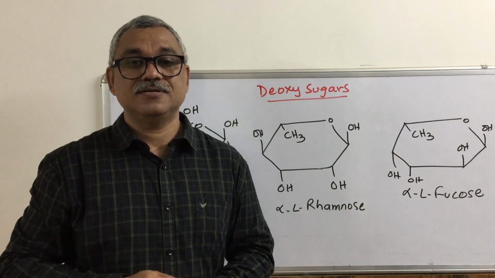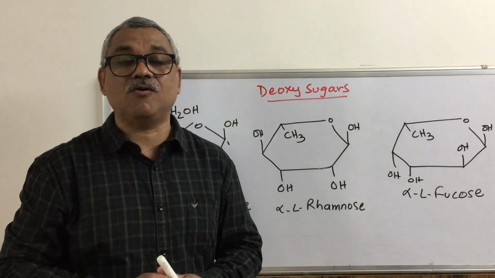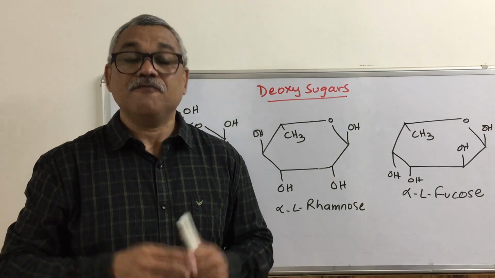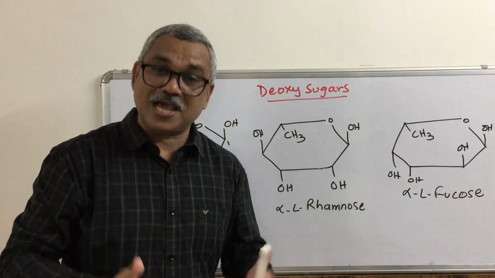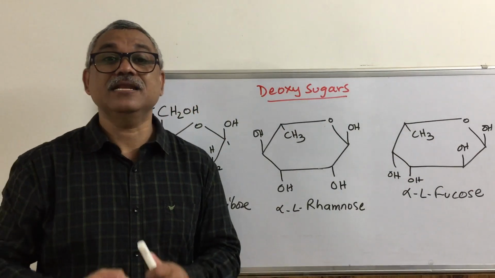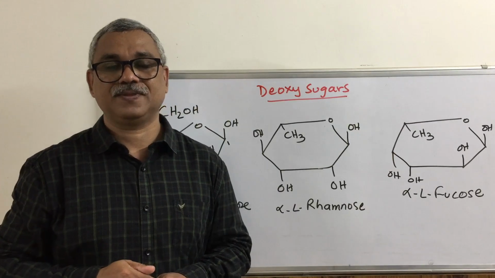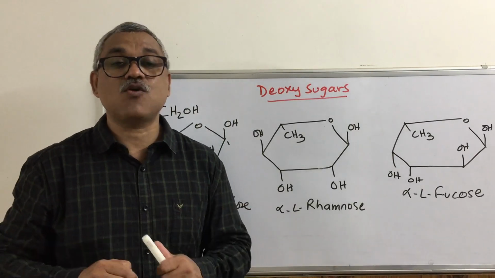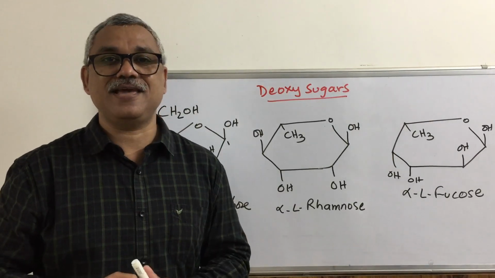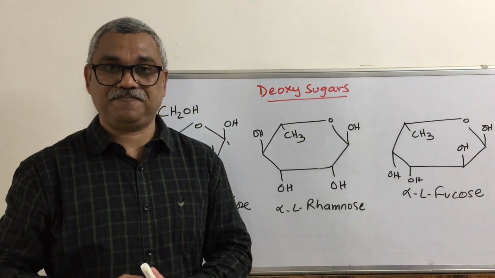Deoxy sugars play a very significant role in living systems. We know that deoxyribose is present in our DNA structure, and the presence of deoxyribose makes the DNA highly stable.